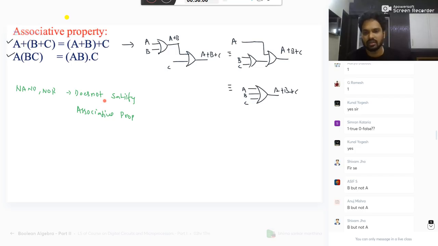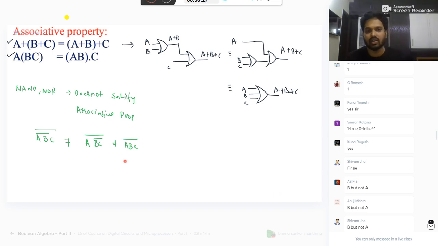Why, sir? Let me prove it. You want to perform A, B, C. If you do these two whole bar and this bar, it is not equal to this, and this is not equal to A, B, C whole bar.